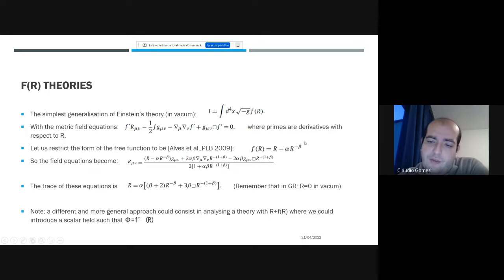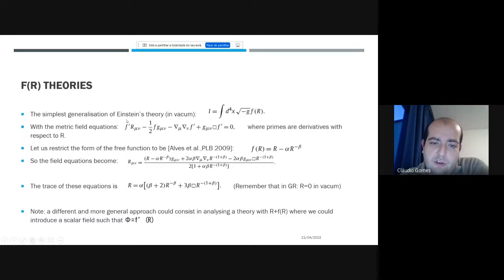So in this formulation, we have general relativity, and we are slightly modifying it with an extra curvature term. You see, beta does not need to be positive. It can be positive or negative, and so it can increase the curvature at late times or decrease it, depending on the value of the exponent.